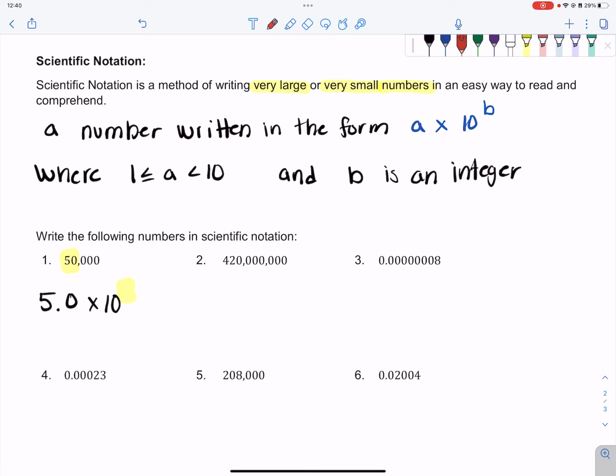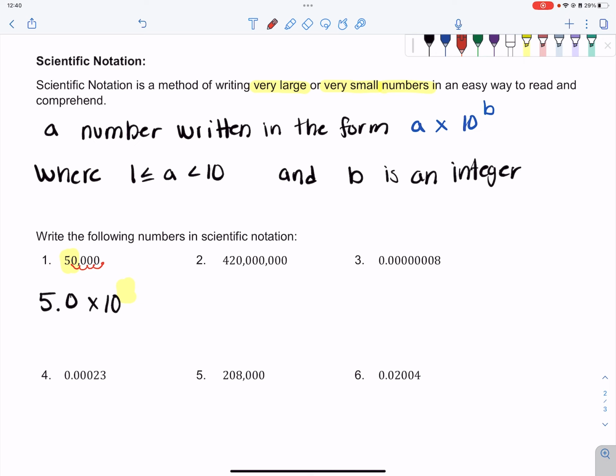So now we're going to go back to the 50,000 that we started with and think about where the decimal place originally is. When we just have a number like 50,000, the decimal place is always at the end there. So now what I'm going to do is count how many places I have to move that decimal place in order for it to be right after the 5. So we have 1, 2, 3, 4 places that we have to move it.